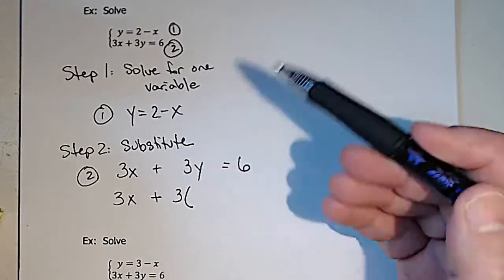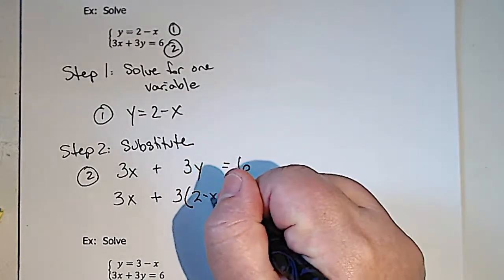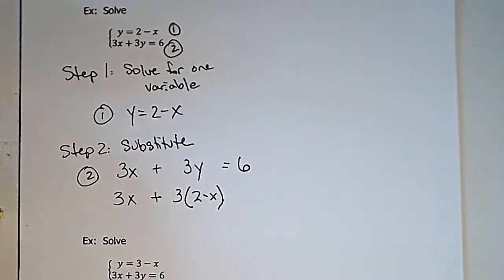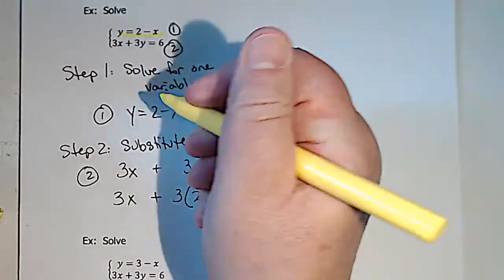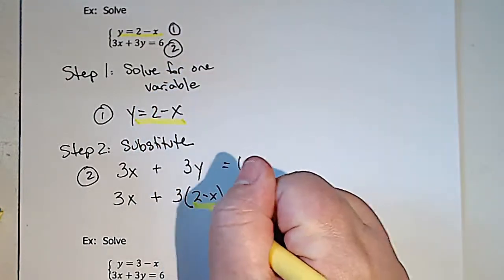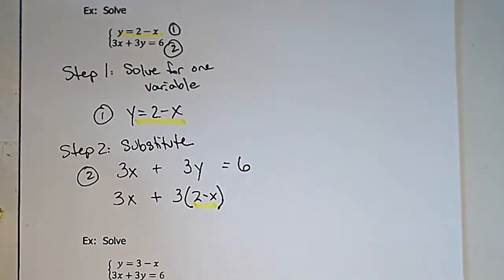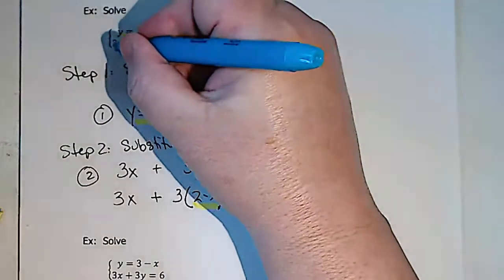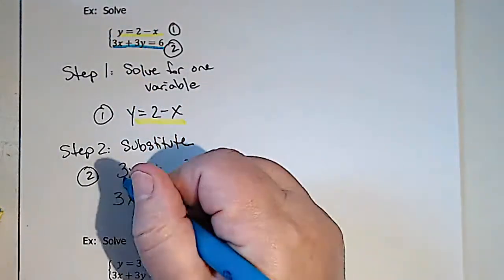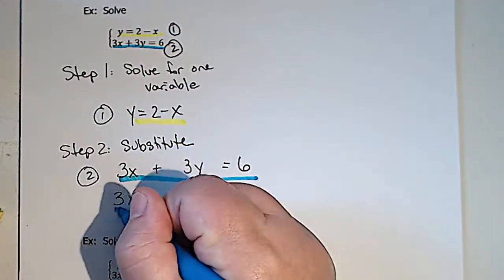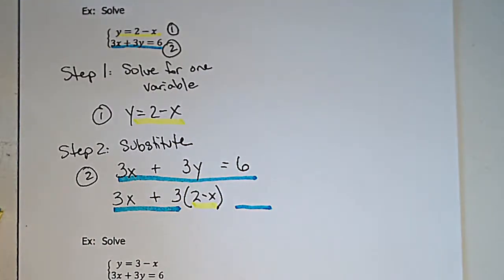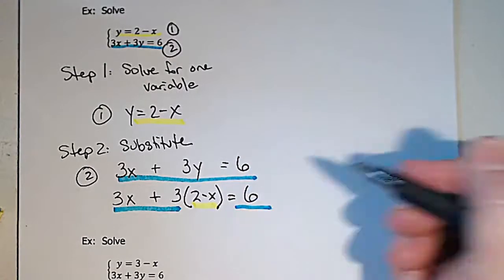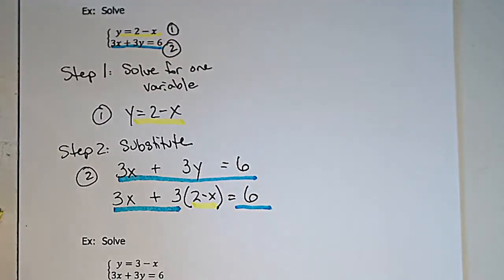So right in place of this y, we're going to put 2 minus x. And if the first equation is my yellow equation, there's my yellow piece. And if the second equation is my blue equation, this is going to be my blue piece. Notice I've learned not to try to highlight the actual writing because it's smearapalooza everywhere.